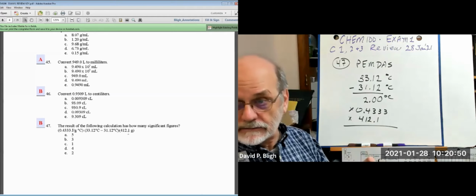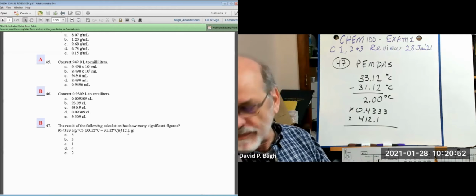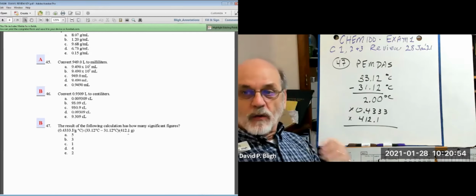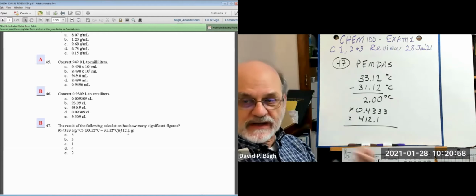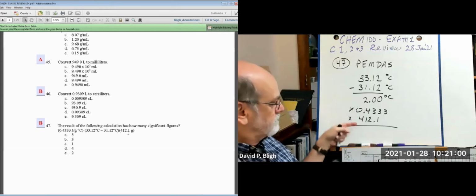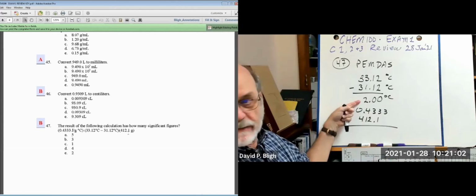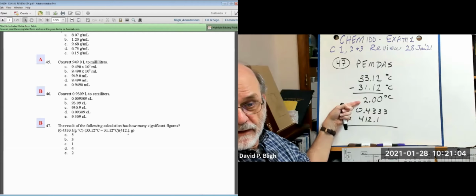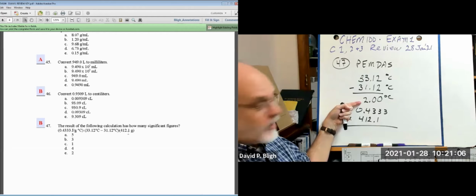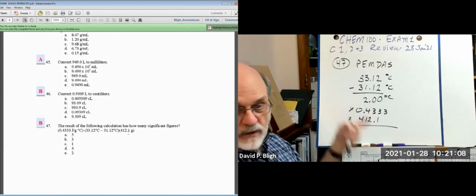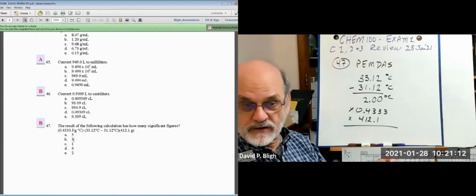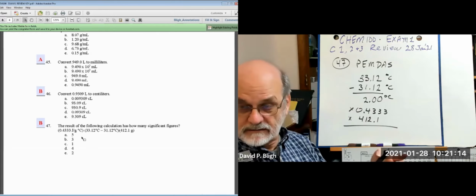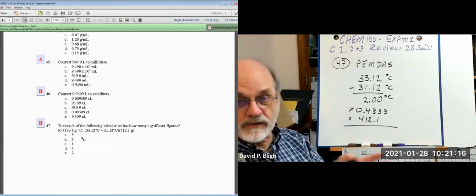You know why? Now we're in the multiply divide rules, and all we have to do is know which is the least number of significant figures. There's 4, there's 4, there's 3. Right? So 3 is all we can keep in the answer. We don't need to know what the answer is. The question is how many significant figures? And B is 3. Okay, save yourself some time.